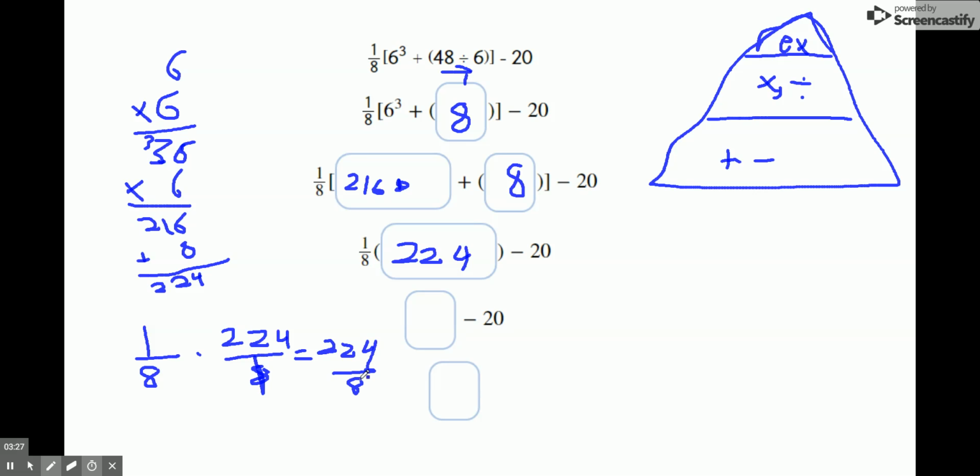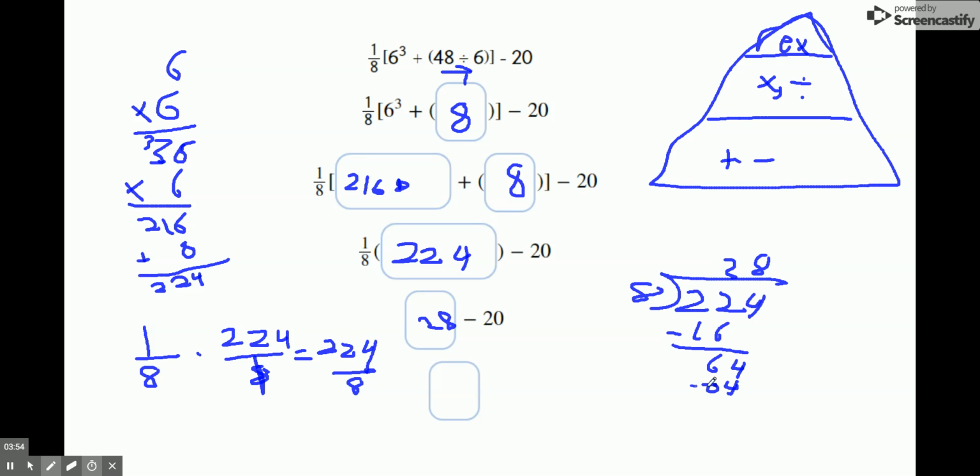To solve this one, we know fractions are division, so we just do 224 divided by 8. 8 is going to go into 22 twice. 16, minus, is going to be 6. Bring down the 4. 8 times 8 is 64.